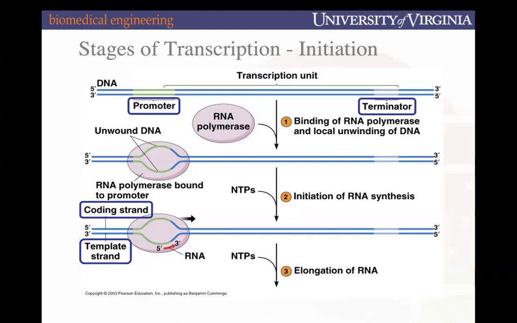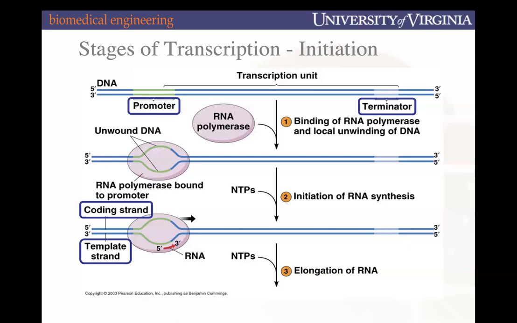And so what ends up happening is that using these monomers, these NTPs, these ribonucleotide triphosphates in this case for transcription, it's able to build an mRNA transcript, and it grows the mRNA in the 5' to 3' direction, just like with replication.